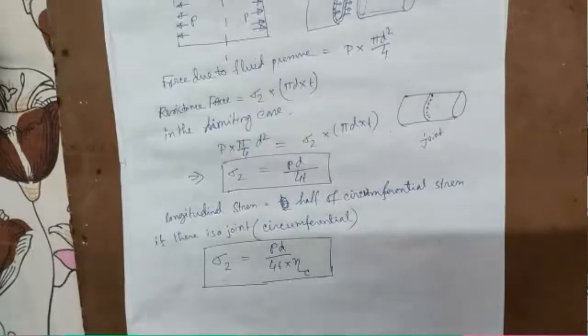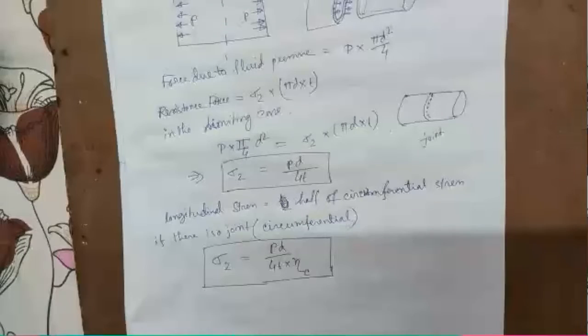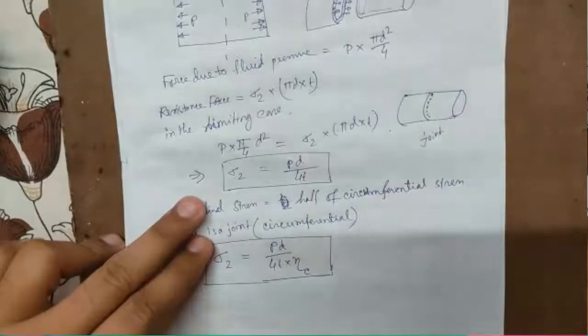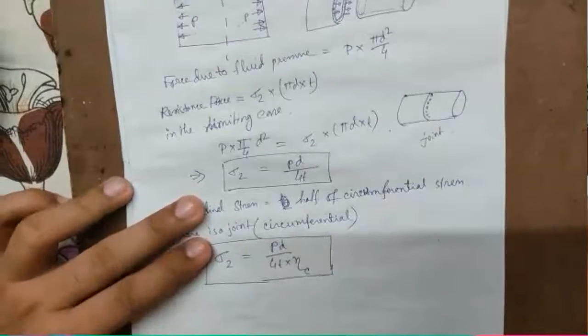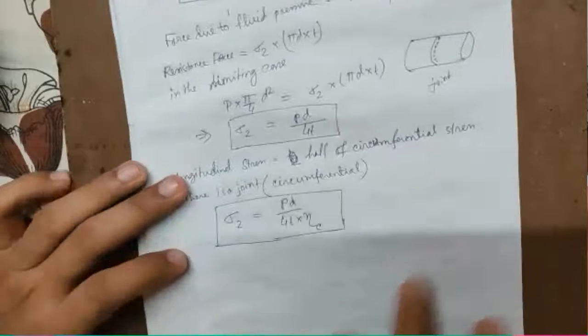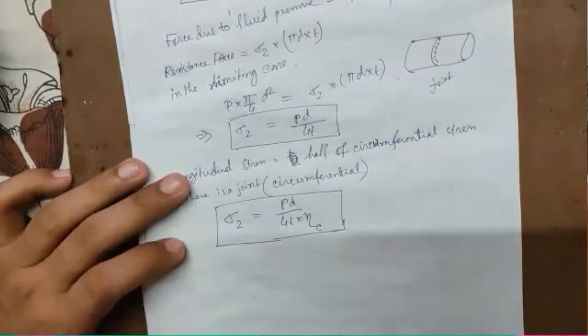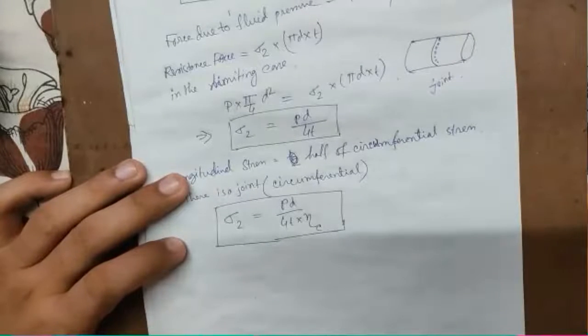So now, if we consider any particular point on this cylindrical pressure vessel, at any point in the material of the cylindrical shell, there are two principal stresses.